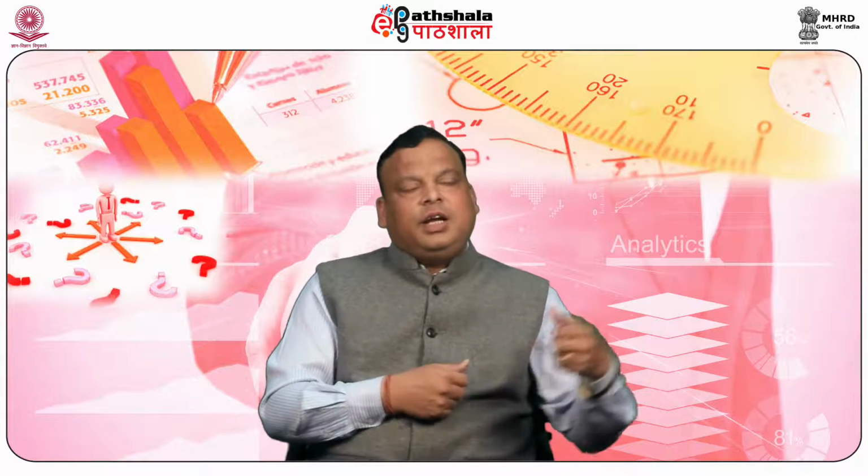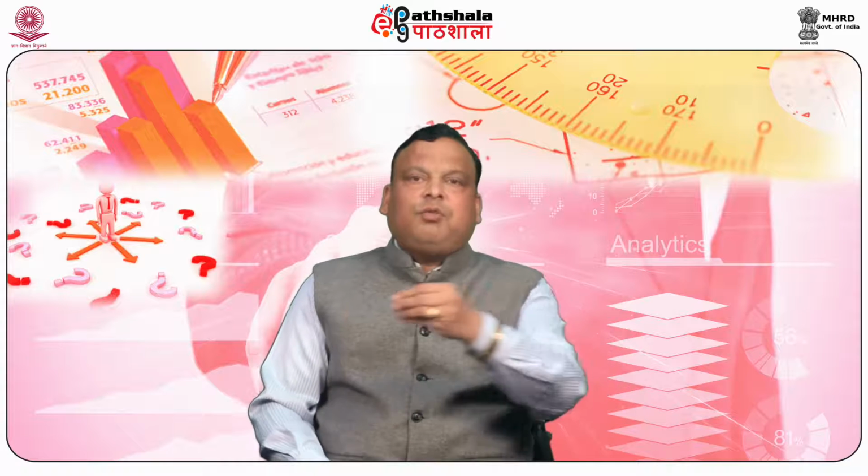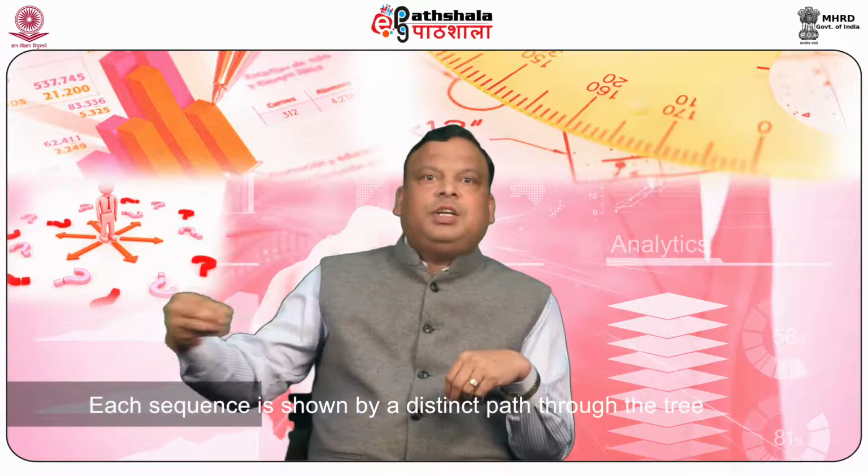So basically, a decision tree shows all possible strategies and their outcomes in a chronological order. It is a very systematic way to show all possible strategies and outcomes. Every sequence of strategy and outcome is shown by a distinct path in the tree.